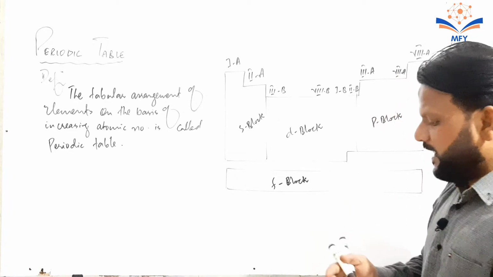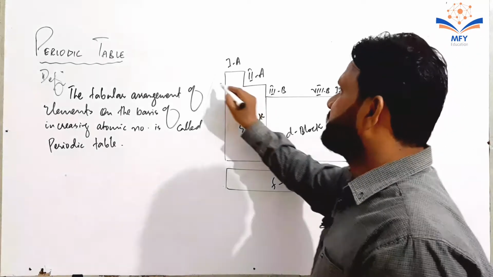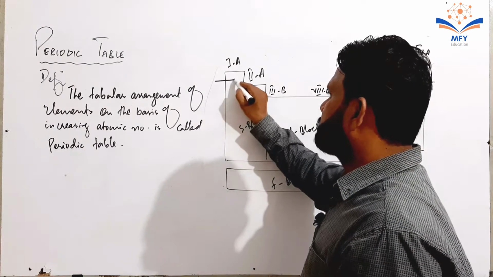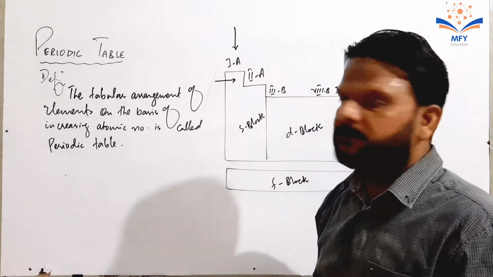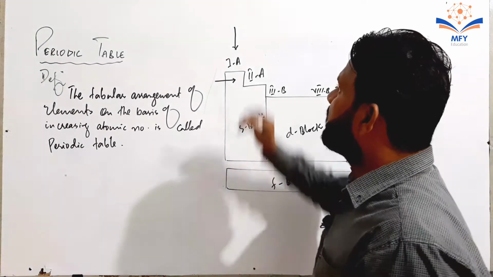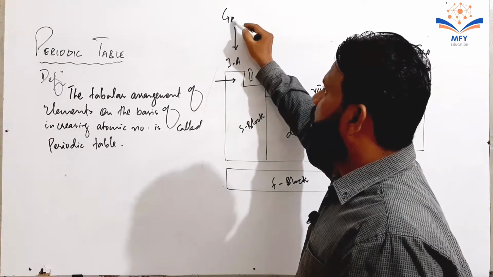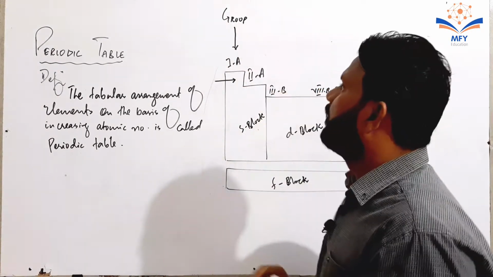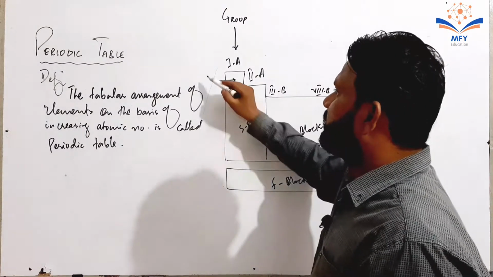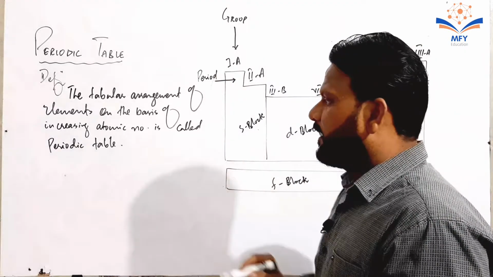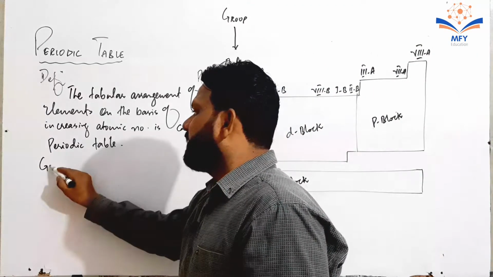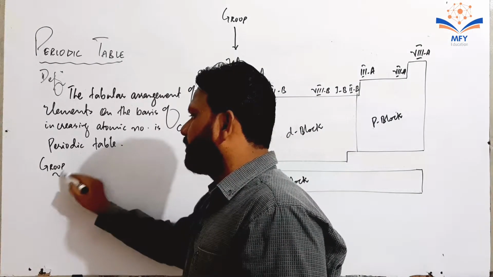In the periodic table, elements are arranged horizontally and vertically. The vertical arrangement of elements is known as a group, while the horizontal arrangement of elements is called a period. How can we define a group?